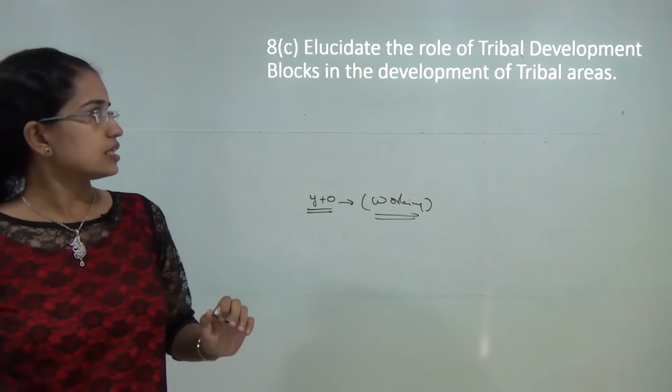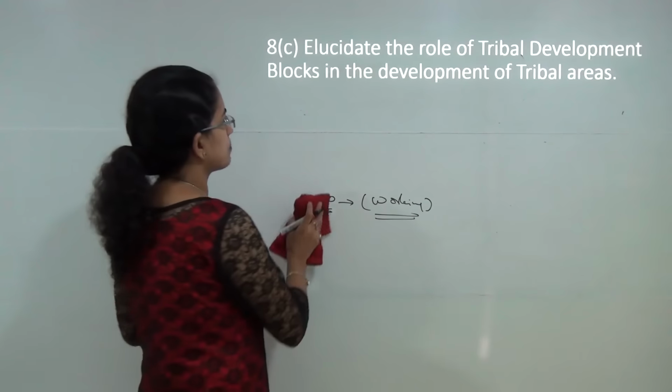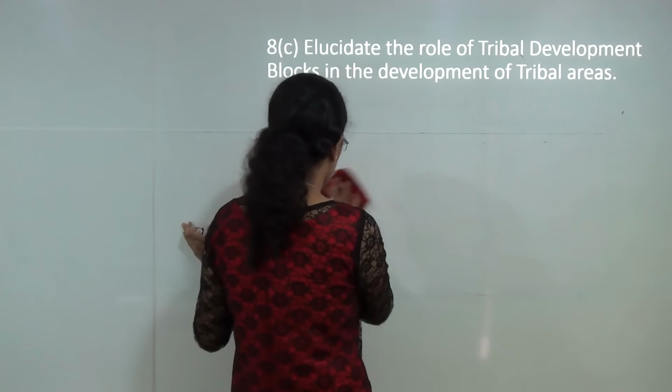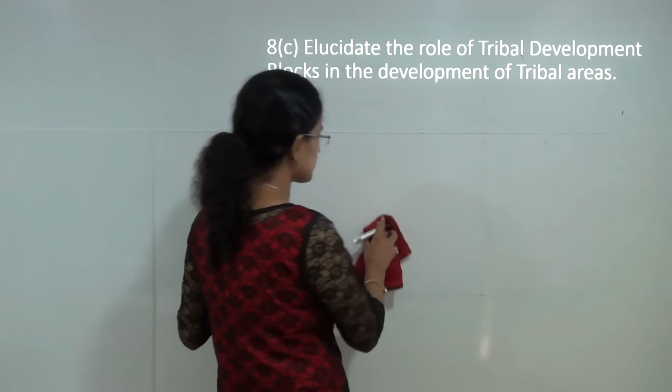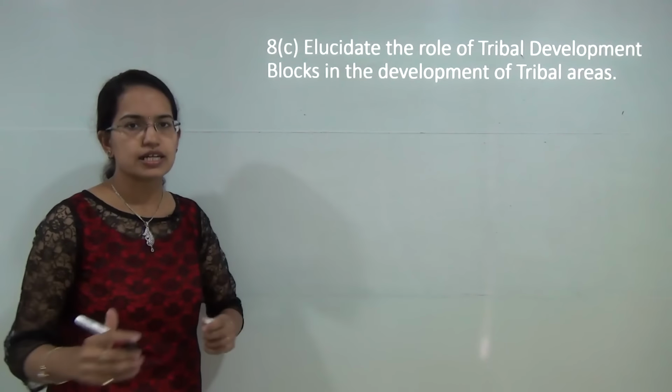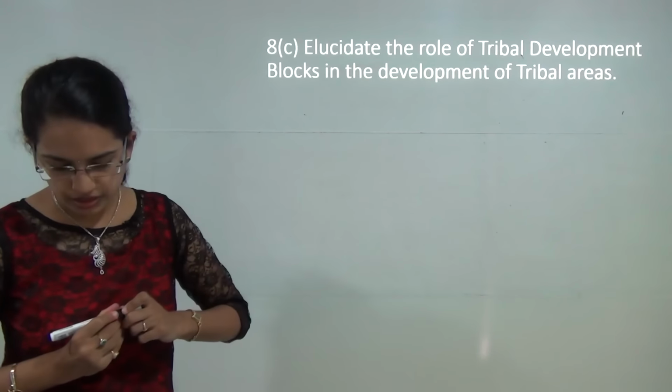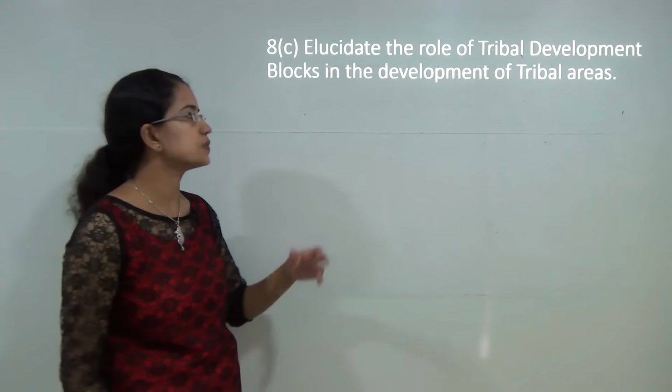The next question is: elucidate the role of tribal development blocks in development of tribal regions. Now article 164 talks about the establishment of the Ministry of Tribal Welfare. Then article 244 talks about the scheduled area and scheduled tribes.